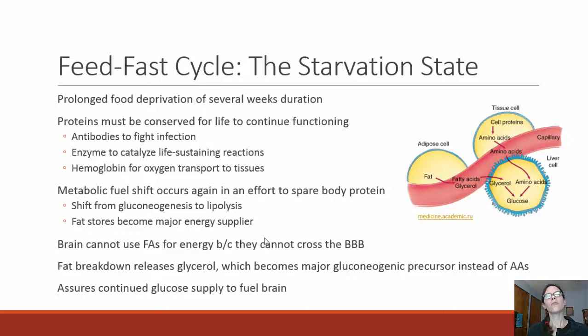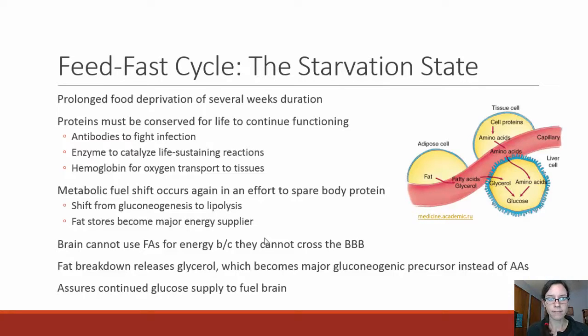So, in the beginning, remember, in the fed state, we're just using the amino acids and the glucose that we got from our meal. Then we start to break down our muscle a little bit for gluconeogenesis. Now, once we progress to the starving state, our body does a really smart thing. It shifts again and starts conserving muscle protein so that life can continue to function.